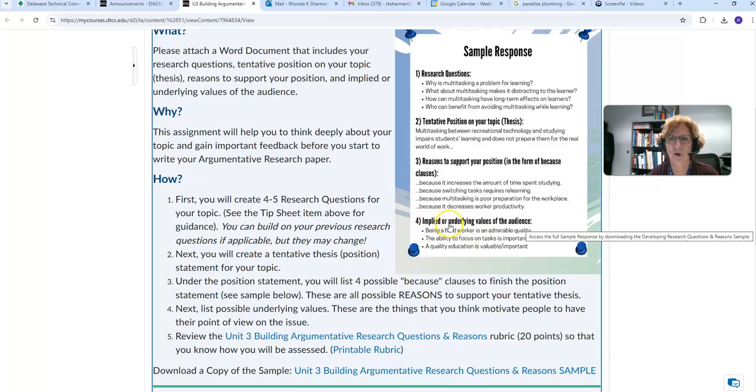So being a hard worker, focusing on tasks, getting a quality education, those are values. They apply to multitasking, but you can see that multitasking is not in here directly. So these are philosophies, values, beliefs that tie into anyone who is thinking about this issue.